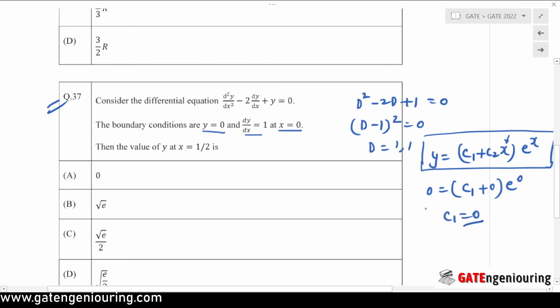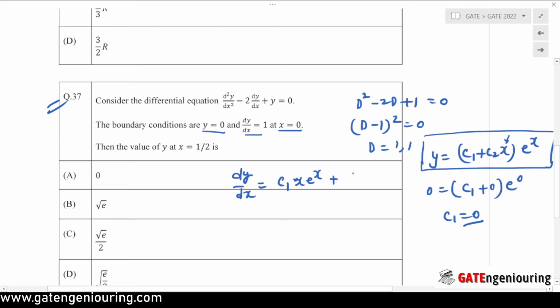Second is dy by dx. So take the first derivative of this. So c1 is constant, and the derivative of e power x is e power x. Okay, e power x. Now the derivative of this.